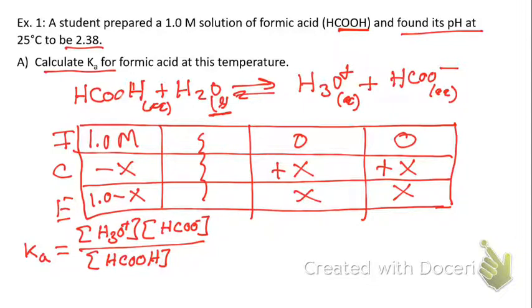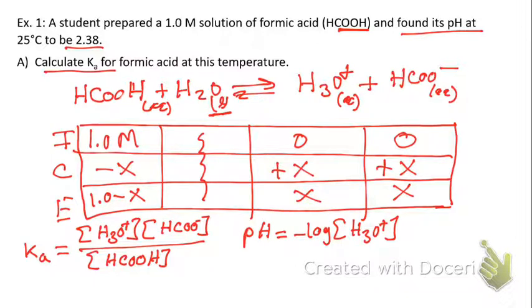Now remember that the pH is equal to the negative log of the hydronium ion concentration at equilibrium. So essentially, the inverse log of the pH is our hydronium ion concentration at equilibrium.